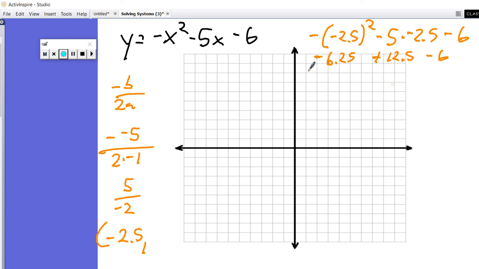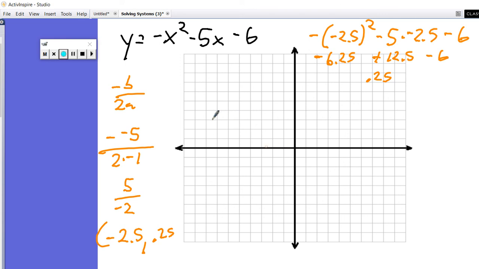I hope you have a calculator here because this is kind of nasty. So negative 6.25 plus 12.5 minus 6 comes out to 0.25. So negative 2.5 and 0.25 is my vertex.